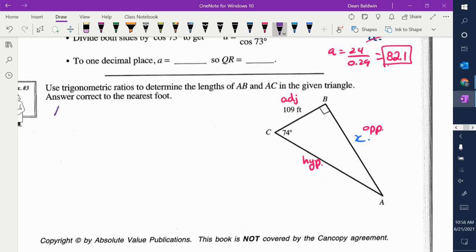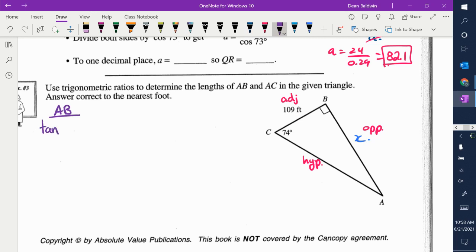We're finding AB. What side am I trying to find, and what side do I know? I know I'm trying to find the opposite, and I know the adjacent. What involves opposite and adjacent? Tan.